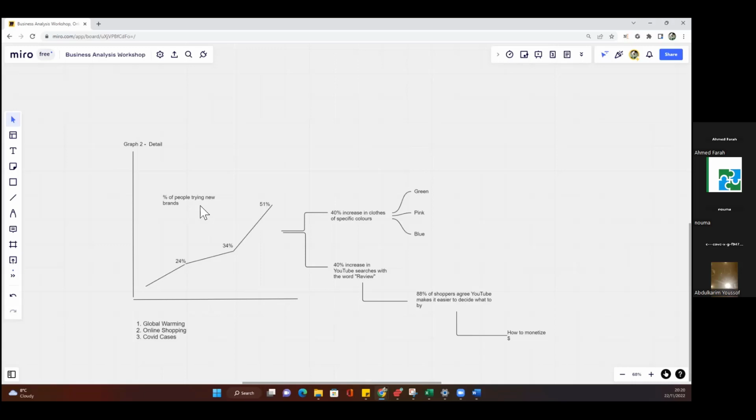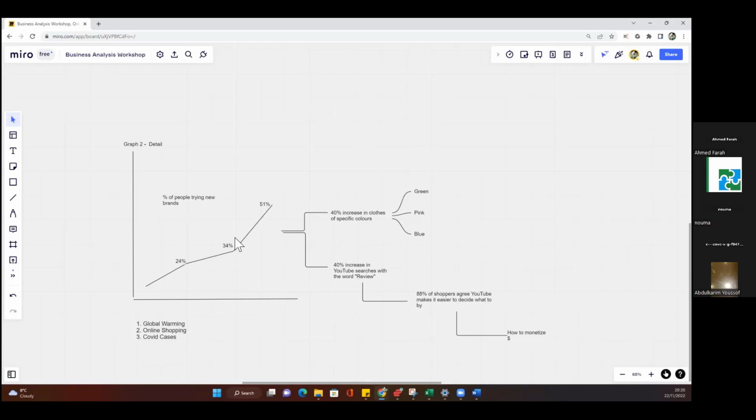You won't find them changing to Android, very rarely. And if somebody buys a certain type of clothing because it fits nicely and they like the look of it, they'll buy that brand over and over again. They may buy some other brands, but not that much. But the percentage of people trying new brands has increased a lot. And as mentioned, there's a 40% increase in clothes of specific colors.